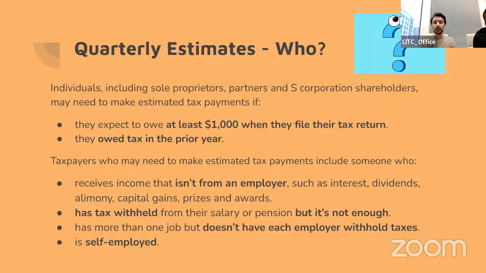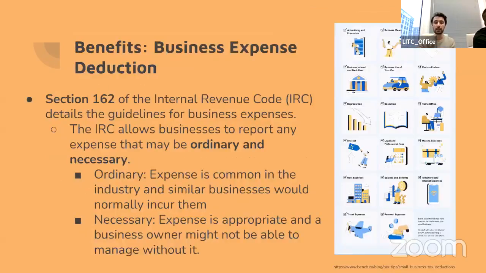Other things that would require estimated taxes on quarterly payments are all pointing at 1099 workers: is self-employed, does not have taxes withheld, or maybe not enough, and is not an employer, and doesn't have an employer withholding taxes. So again, it's 1099 workers that they really expect to be doing these quarterly estimates.